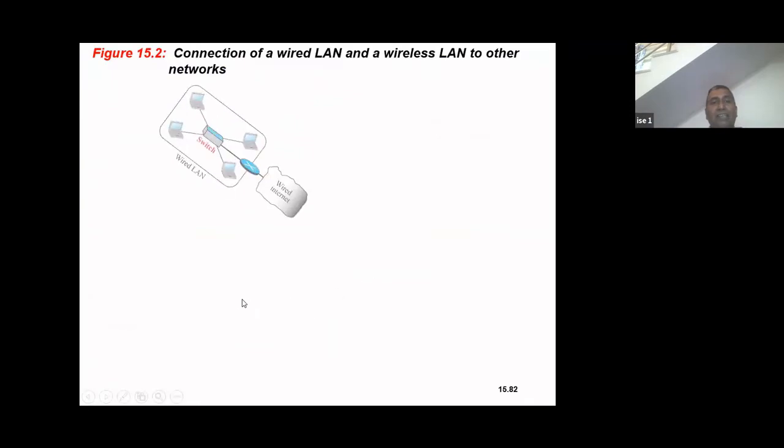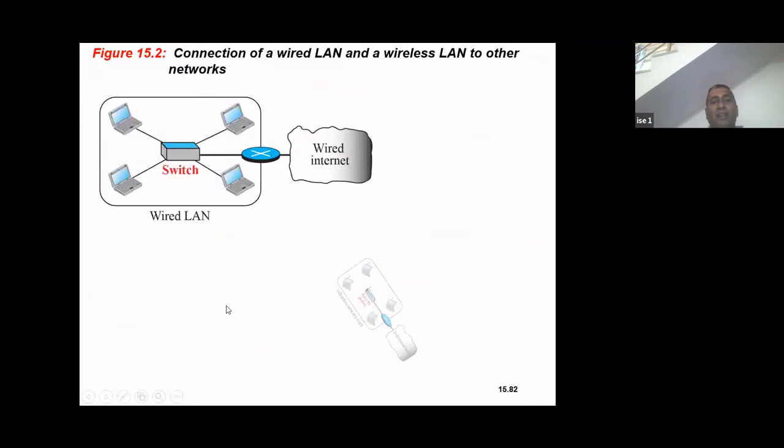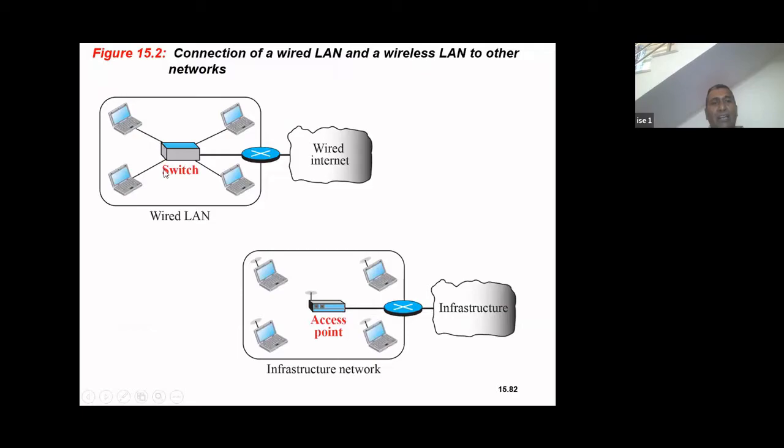So here, this is the diagram. Here we had the first mechanism where a wireless LAN was getting connected to the wired internet. That was the first scenario. In this scenario, this is the wireless environment, and this is the infrastructure. Infrastructure means it can be the wired internet, or a wired LAN, or another wireless LAN.